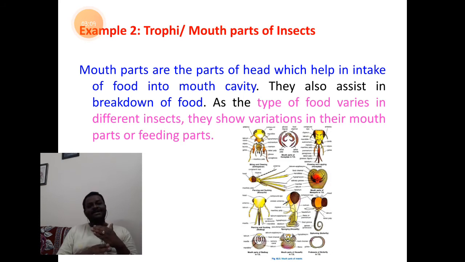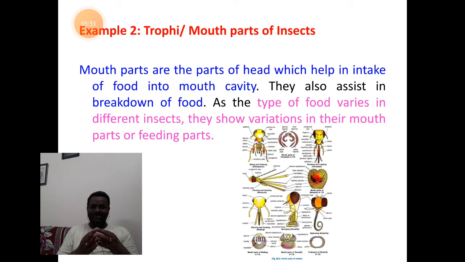The reason for the difference in their function is the organisms of insects will feed on different types of the food. So the food varies in the organisms of insects, so the variation in the mouth parts can be seen thereby.